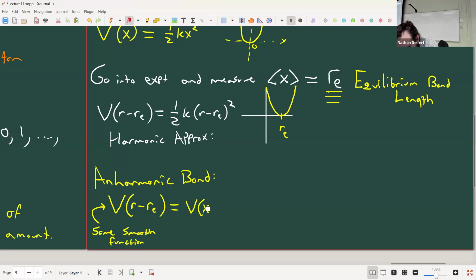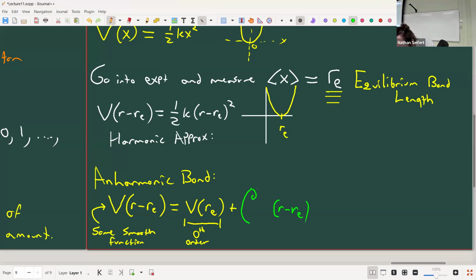We can write it first with a constant term, V of r sub e. This is our zeroth order term. Then we can add a linear part, r minus re, times a slope. The slope is the derivative of the potential with respect to position, evaluated at r equals re.